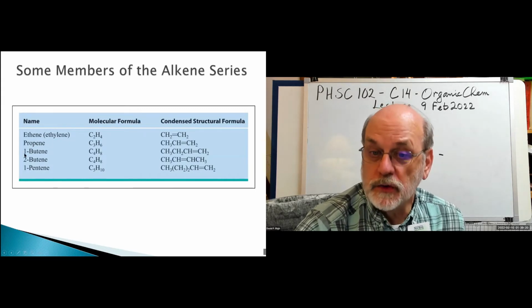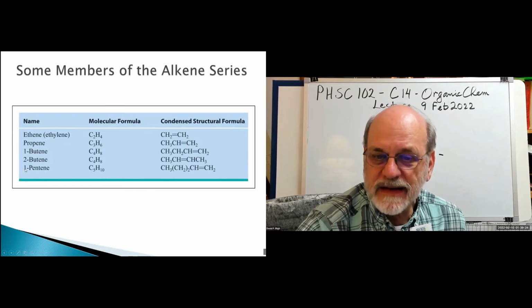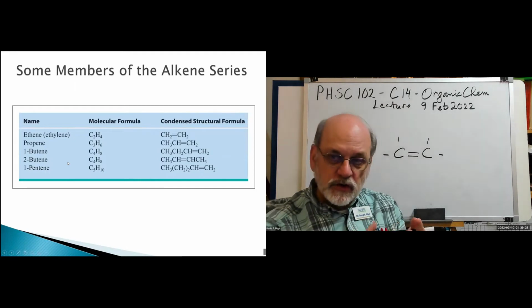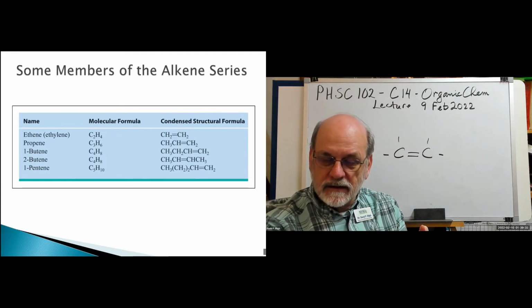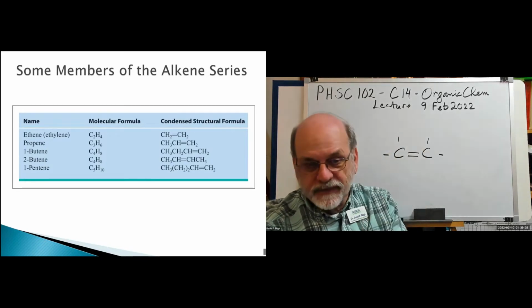Butene can have two, 1-butene or 2-butene. And pentene, this is 1-pentene, but you could have 2-pentene and 3-pentene. If you went to 4-pentene, it'd be the same as 2-pentene, right? Just flip the molecule.